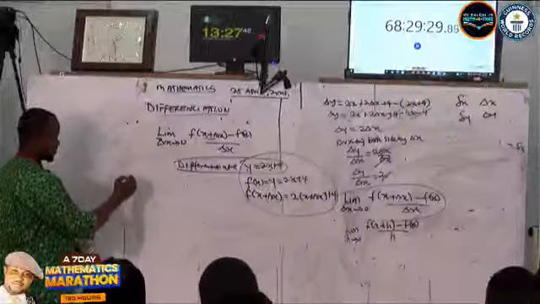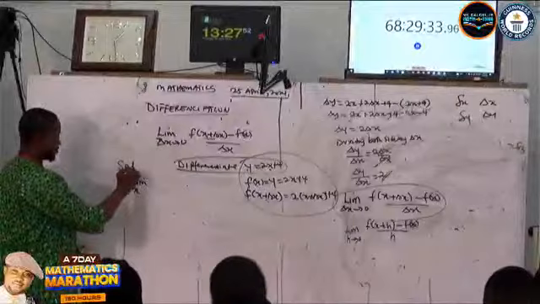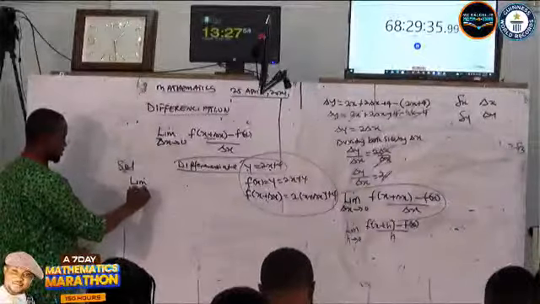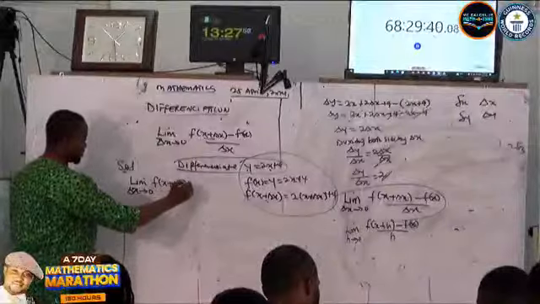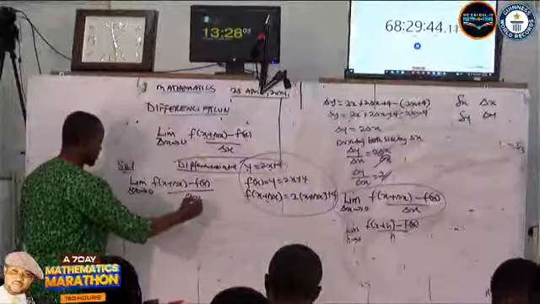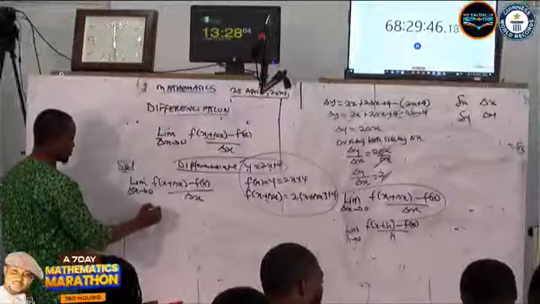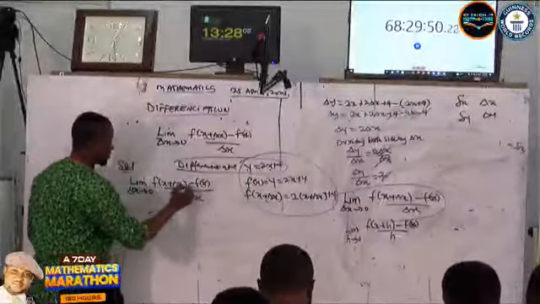That is, bring the formula down. Lim as change in x tends to 0, f of x plus change in x minus f of x all over change in x. So that will be equal to this. With respect to this question now, I'll put this in that place.